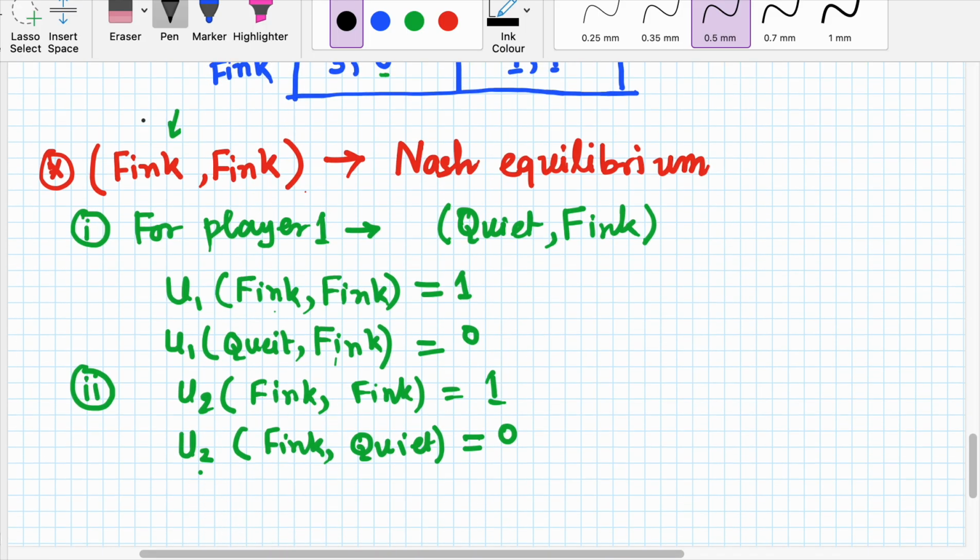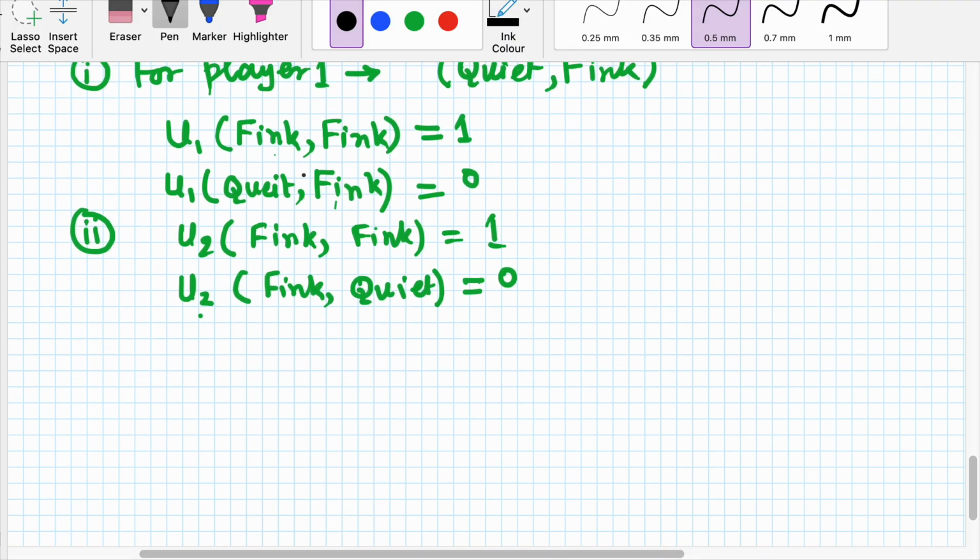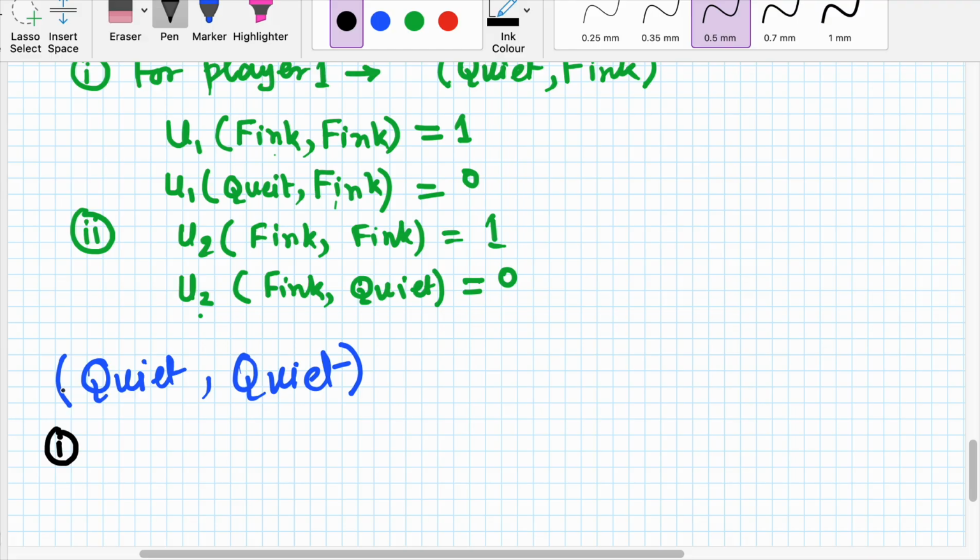So let's see why remaining quiet is not a Nash equilibrium. We have to check whether a player has any incentive to change her strategy unilaterally from quiet.